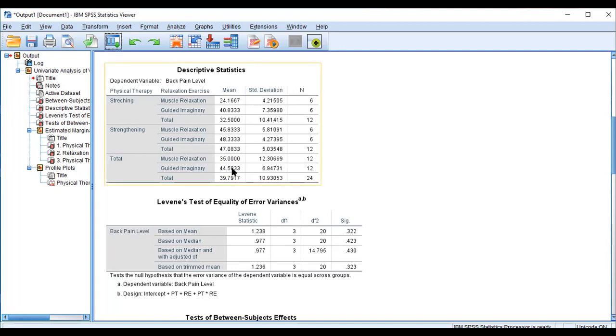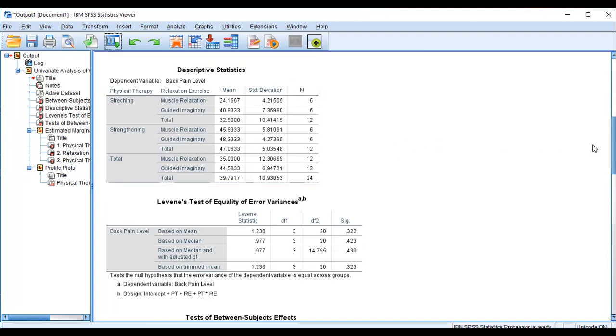This way we are able to understand how things are spread across the two independent variables, and then we look at the dependent variable. So we can see where the four groups stand: two for physical therapy, two for relaxation exercise, and we know the relationships coming up.